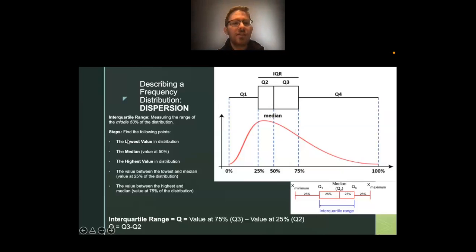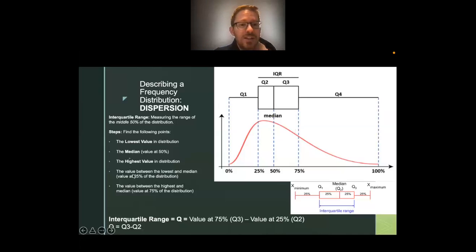To find the interquartile range, you need to find the lowest value, the median, the highest value, and then the value between the lowest and the median, which is the 25% level. So you could take the median minus the lowest value and divide it by 2.